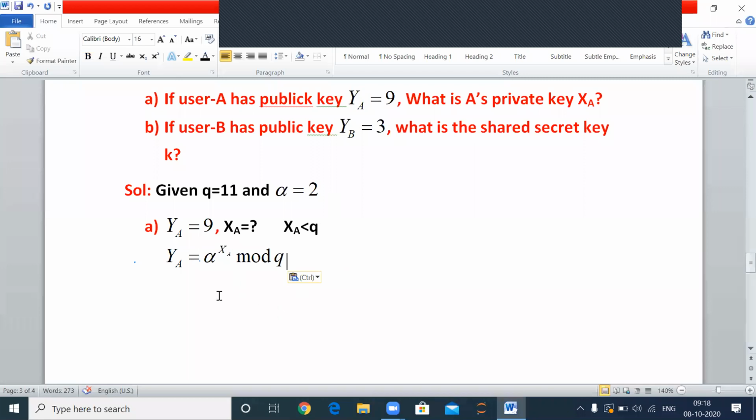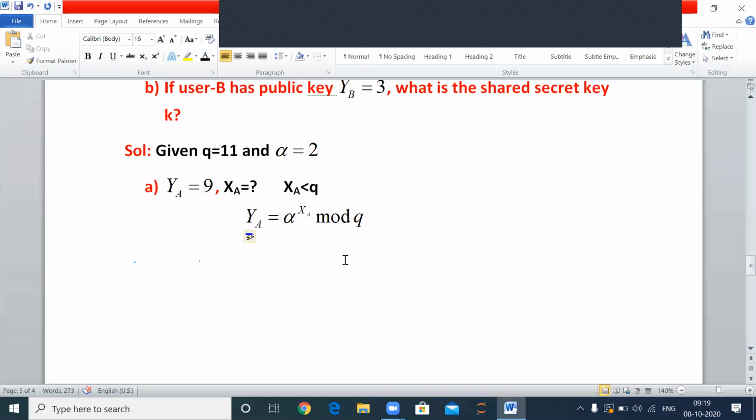In this formula, we have to know the primitive root of prime number q, which is given in the problem, and the q value, the prime number, which is 11.